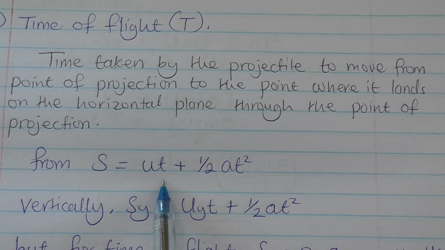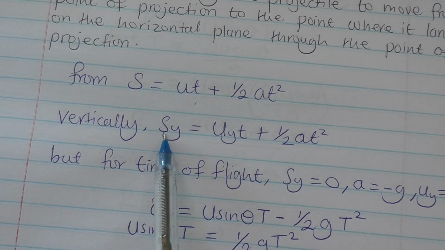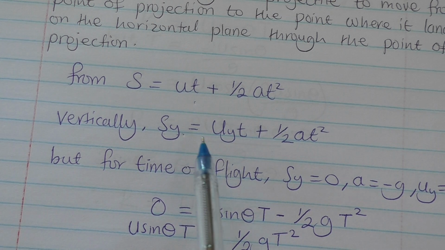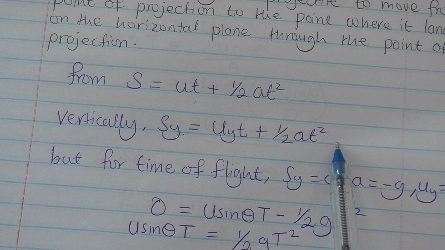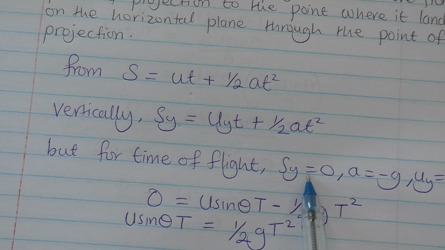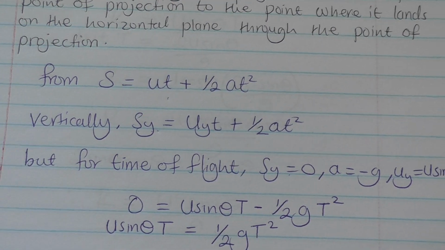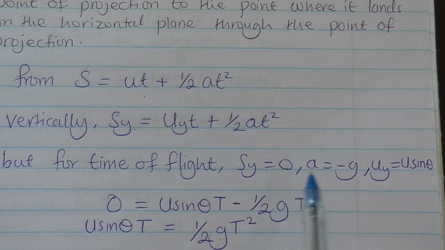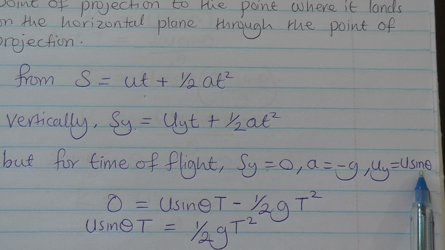So from the second equation, the SY, or the vertical displacement, which equals UYT minus a half AT squared, the SY is 0, because during landing it is at 0 meters above the ground. So the SY is 0, a is negative g, and UY is u sin theta.